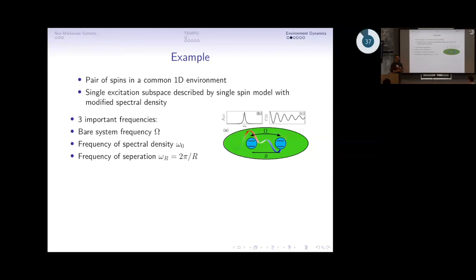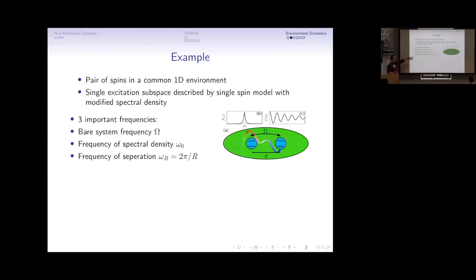And so this kind of model has three important frequencies which come along with it. There's this bare system frequency, capital Omega. There's the frequency associated with the spectral density. So now we're going to be talking about a system which has a Lorentzian spectral density, so something where there is a particular peak in the spectrum at a particular frequency.